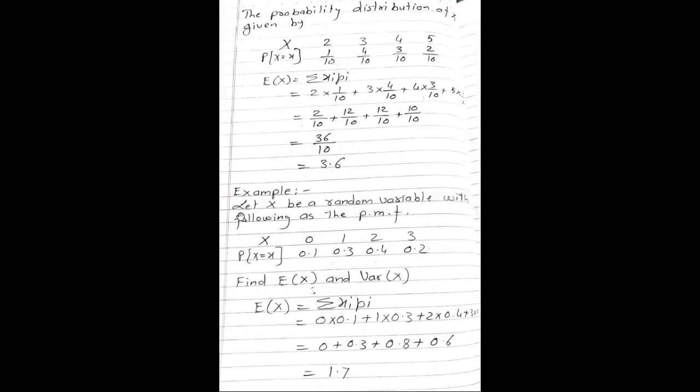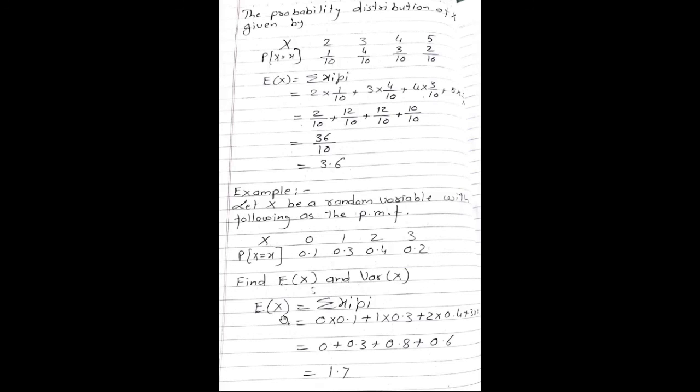Next example. Let x be a random variable with following as the probability mass function. The value of x is given as 0, 1, 2, 3. Probability x is equal to x, the values are 0.1, 0.3, 0.4 and 0.2 respectively. Find expected value of x and variance of x.